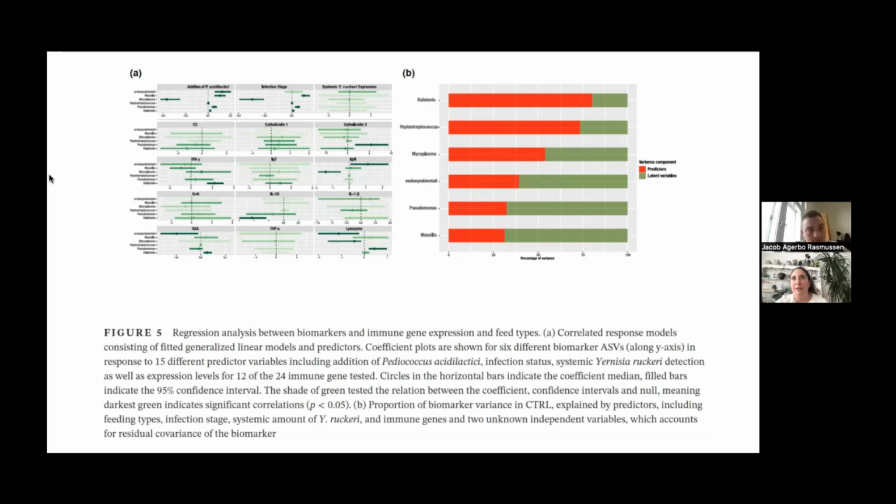And I could imagine this in the context of, for example, an aquaculture facility. If they had these tests that they could just pick a few.